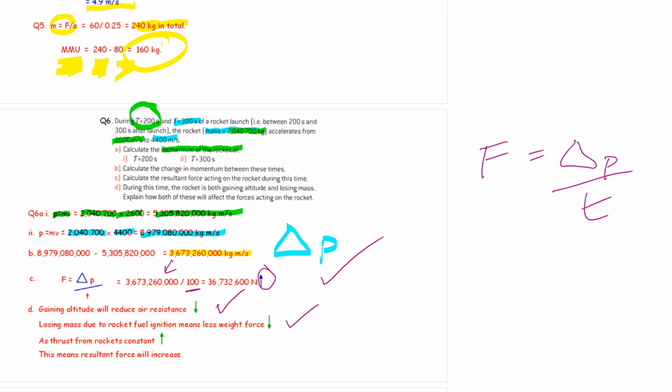But because the thrust from the rockets is constant, it means the resultant force is going to increase. In other words, we've got our rocket here. These forces are reducing, whereas the thrust from the rocket is constant. So we're going to get an increase in the resultant force.